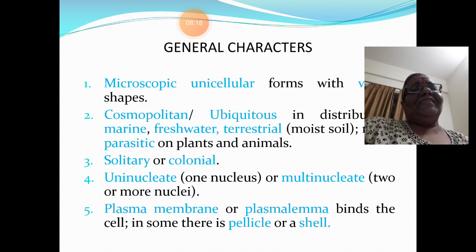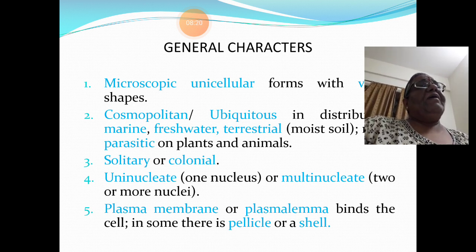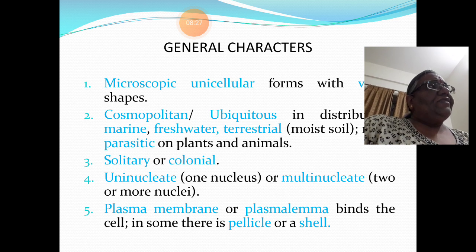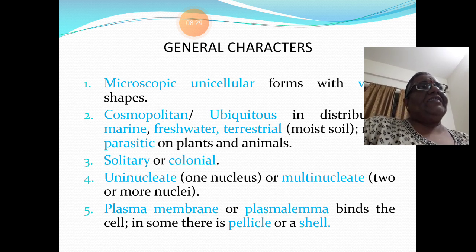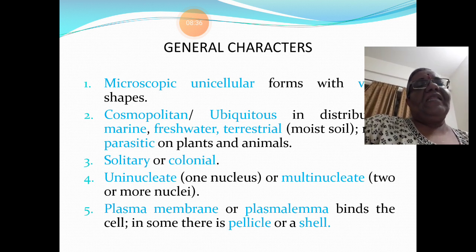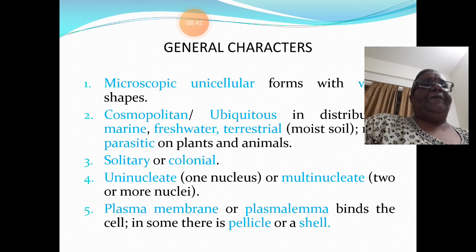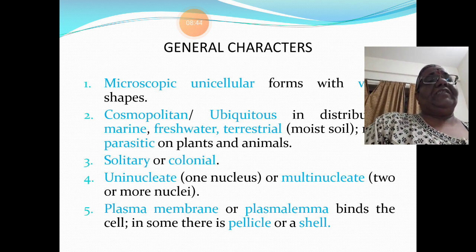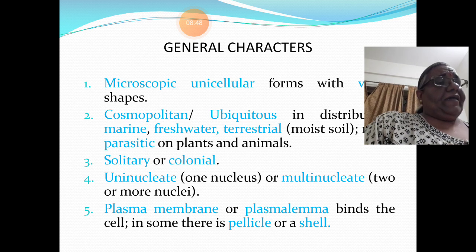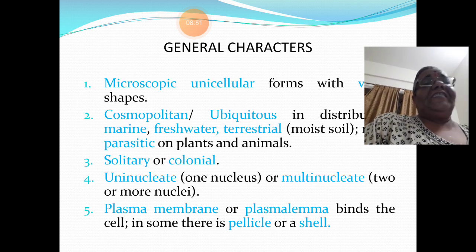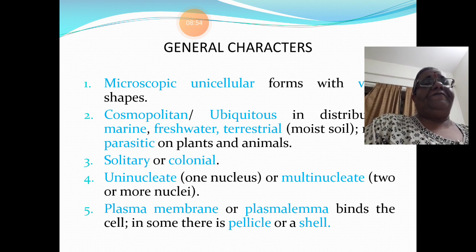Then the body is covered by a membrane called plasma membrane or plasmalemma, for example in amoeba, which doesn't have a definite shape. The outermost covering is known as plasma membrane or plasmalemma, which binds the cell. But in some protozoans where the shape is definite, like Paramecium or Vorticella, they have a tough pellicle that gives them a proper shape.